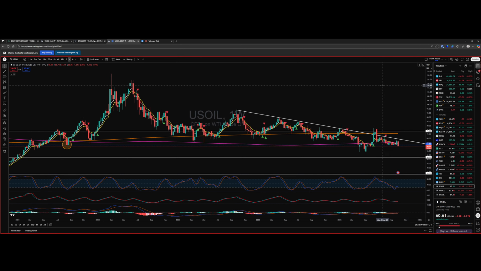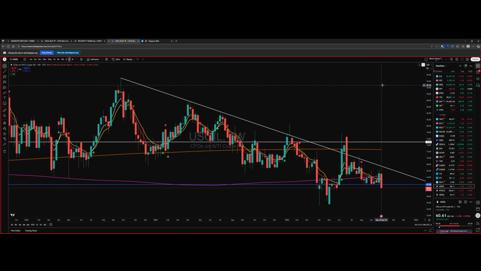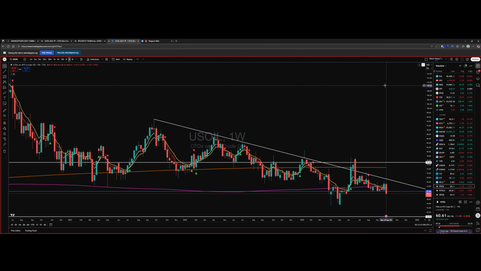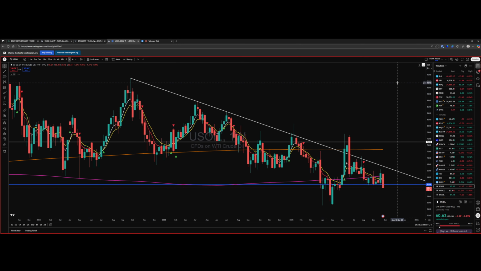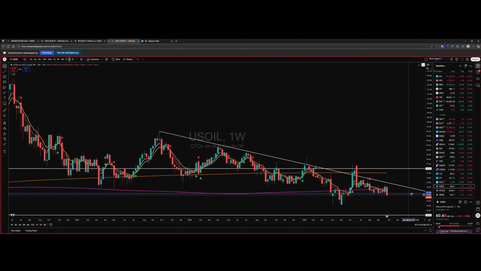But as every oil trader, or everybody that's ever traded oil, knows, all they need is the slightest reason in their mind to buy it for some reason, and it's just not there yet. And we talk about the 61 level all the time, and it's a real level.